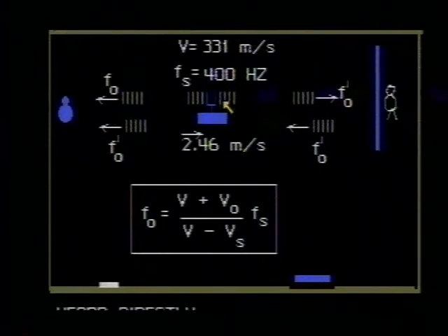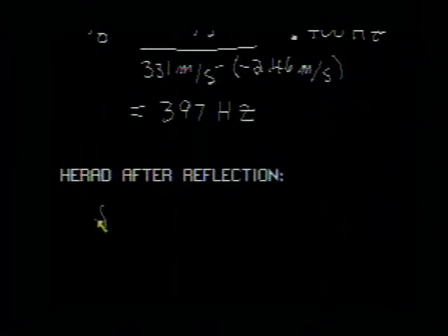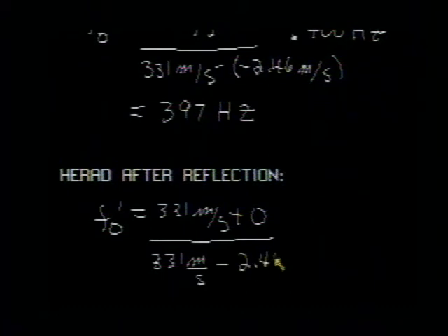If we calculate that, we have velocity of sound, 331 meters per second, plus the velocity of the observer, again 0, divided by 331 meters per second, minus plus 2.46 meters per second, again times the frequency of the source, 400 hertz.